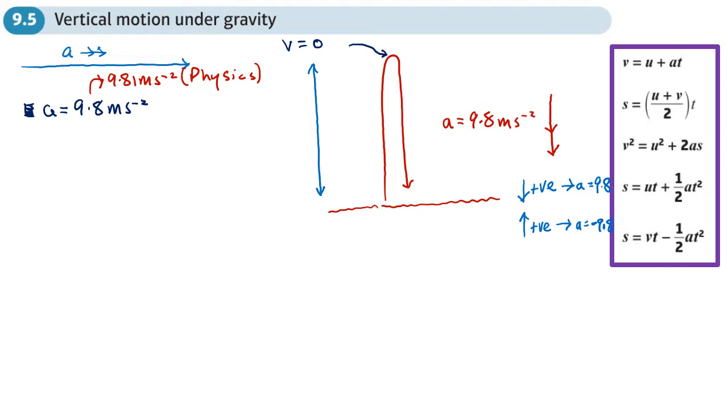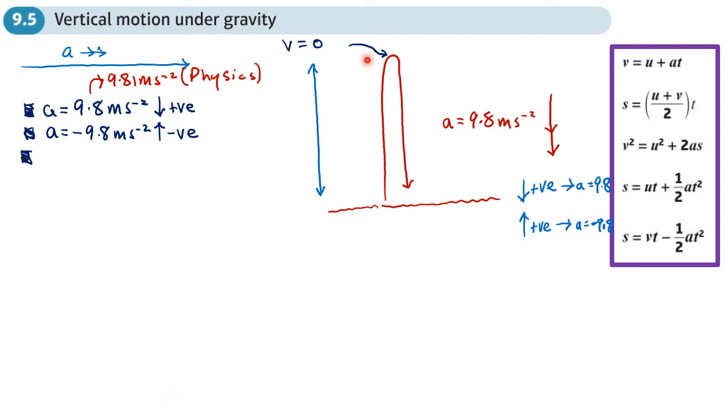Okay, right, and that's if we take our acceleration, or if we take this way downwards as positive. If we decide to take upwards as positive, then a will be negative 9.8. I said negative, but I wrote positive.